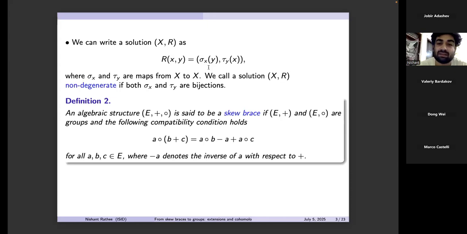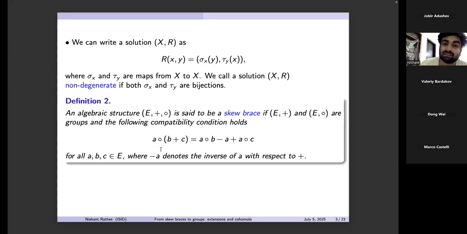Now let me define an algebraic structure, and later we'll talk about the relation between this algebraic structure and the equation. An algebraic structure (E, plus, circle), where both plus and circle are group operations, such that they satisfy the following compatibility condition: a circle (b plus c) equals a circle b minus a plus a circle c, where minus a represents the inverse of a with respect to the plus operation.